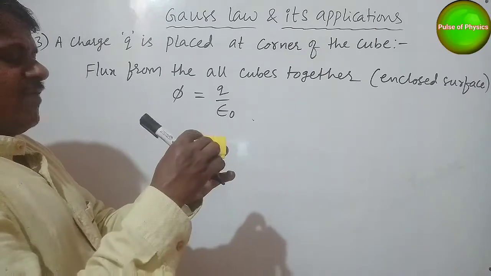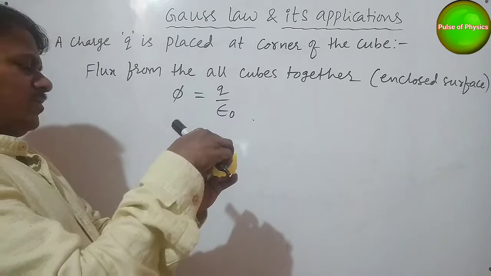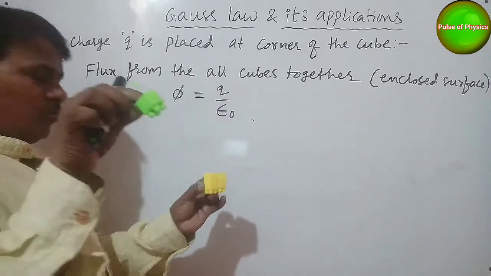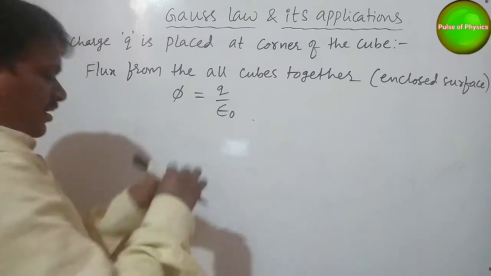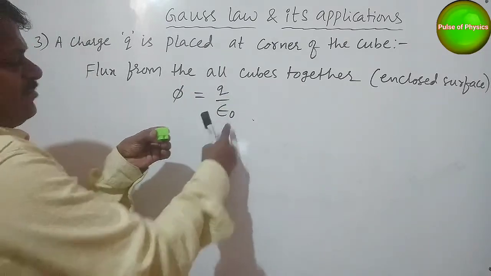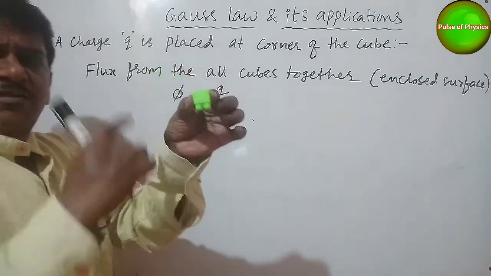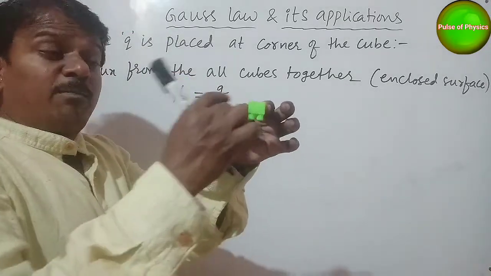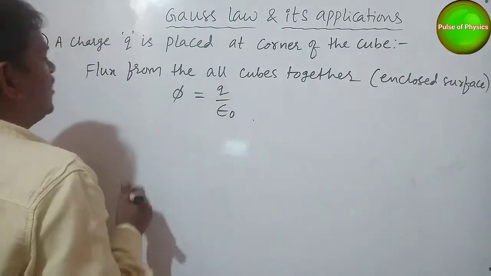Then I want flux from the 1 cube. What is that? 1 cube. How much is that? Total flux is this much. I want flux from the 1 cube. Equally distributed, no? 1 by 8 times this q by epsilon naught.